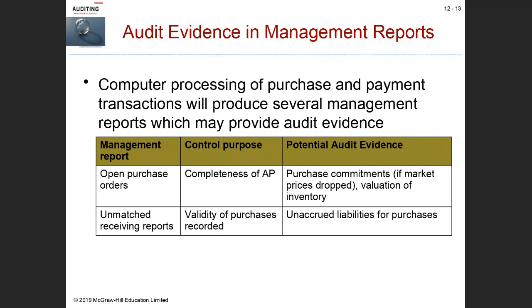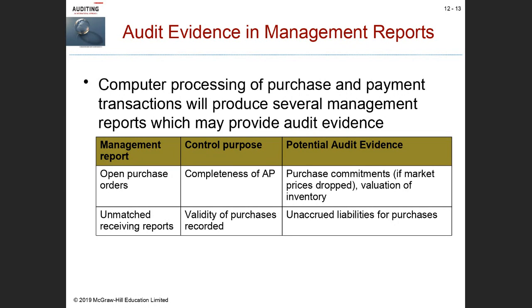So for example, you could have a management report in this PowerPoint about open purchase orders. What is an open purchase order? An open purchase order is a purchase order that has not been filled yet, right? So we have not yet matched the purchase order with the supplier invoice, right, with the receiving report.